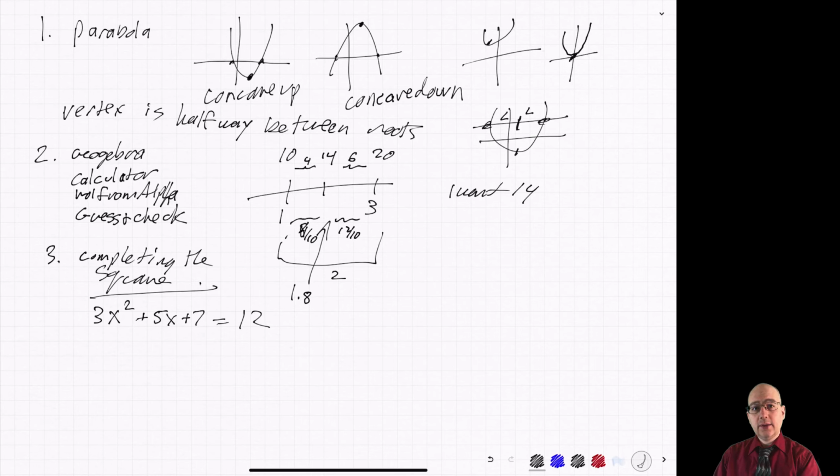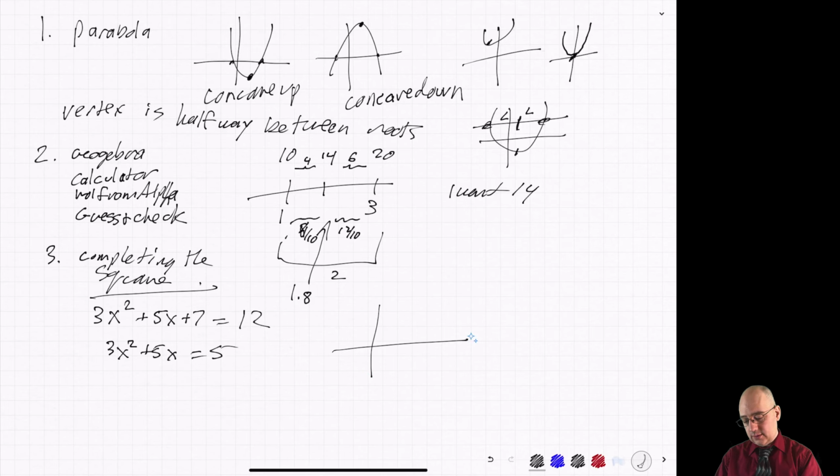All right? Now, a lot of times you'll want to set it equal to 0, so you'd subtract 12 to the other side. But the technique I have in mind here doesn't matter. Here it has 3x squared plus 5x equals 5. Put that constant on the other side. So subtract 7 from both sides. Doesn't really matter. So 3x squared plus 5x.